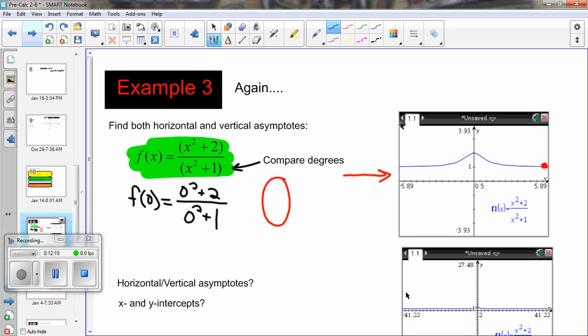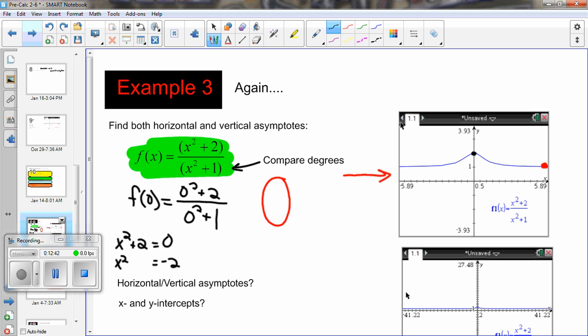First of all, do there look like there are any vertical asymptotes? Where? Why would there be a pair of them at 3 and negative 3? Makes the denominator 0. If I zoom out even more and more and more, what's this starting to look like? A line with a slope of 1. Very nice.